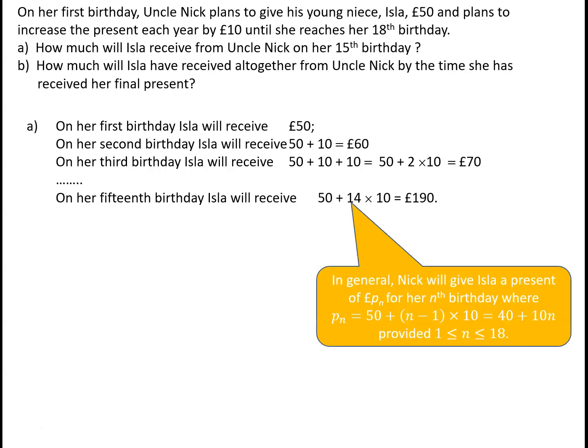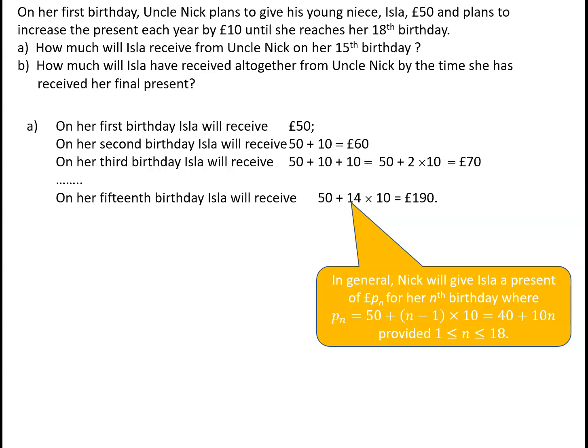In general then, Nick will give Isla a present of Pn pounds for her nth birthday, where Pn is £50 plus n minus 1 jumps of £10. In other words, we've got 50 plus (n minus 1) times 10, which simplifies to 40 plus 10n.